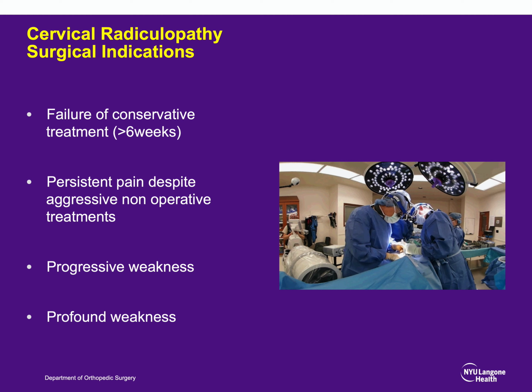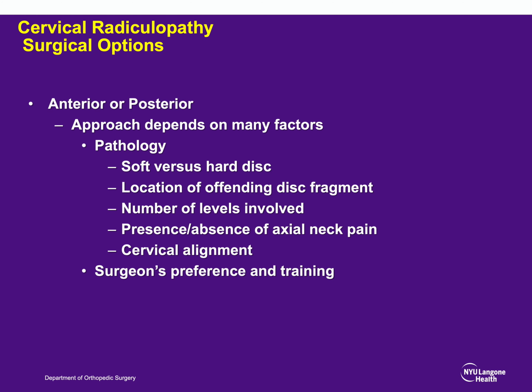The surgical indication for cervical radiculopathy is in cases where there is a failure of conservative treatment. That includes persistent pain despite aggressive non-operative treatments, progressive weakness, or in someone presenting with profound weakness. Surgical options include anterior or posterior or combination.